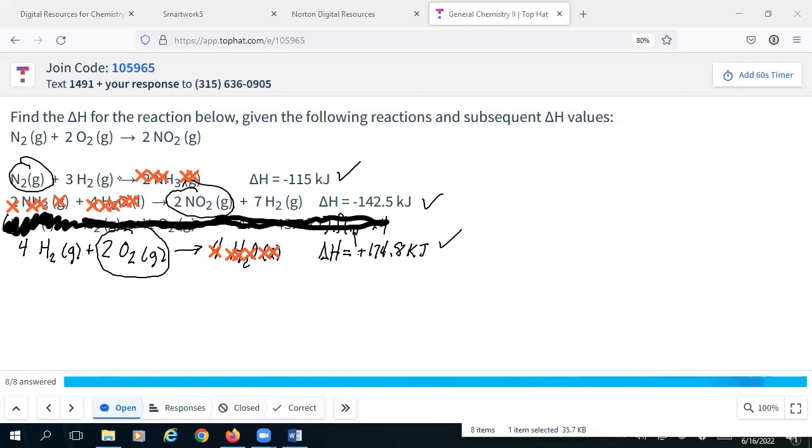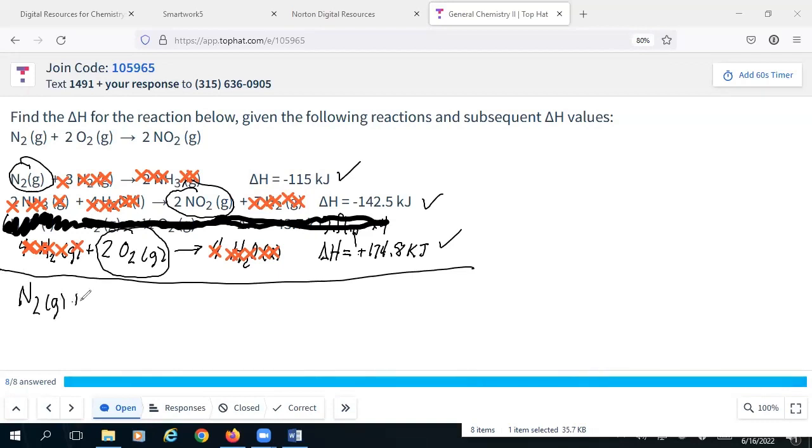And I've got 3 in equation 1 and 4 in equation 3. So 7 total to match the 7 here. So those cancel out as well. So all that is left is the nitrogen in the gas phase, the 2 oxygens in the gas phase, and the 2 nitrogen dioxides in the gas phase.